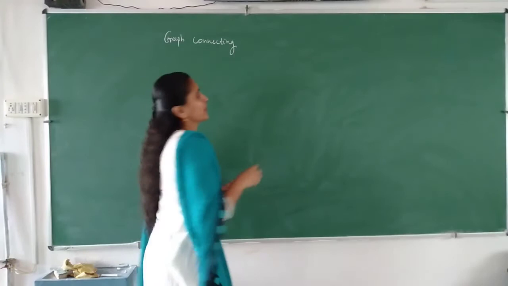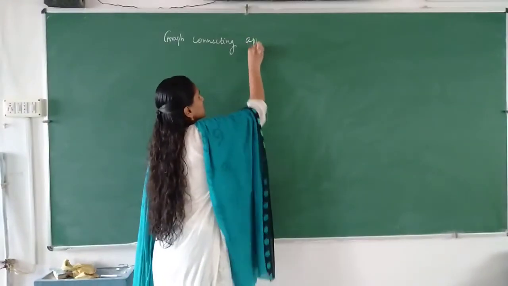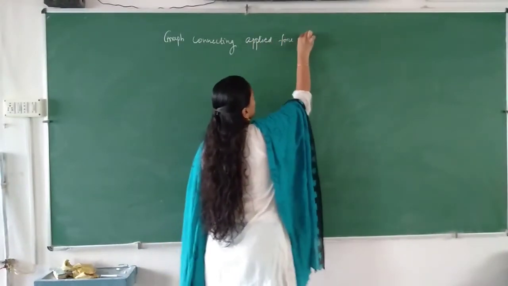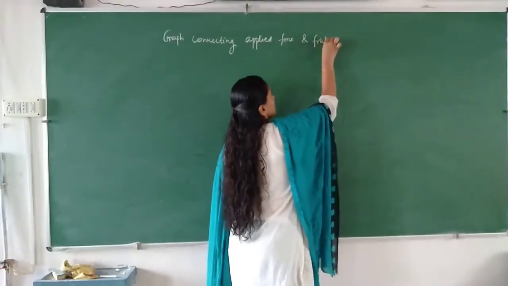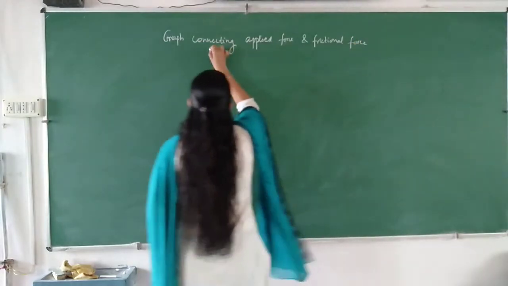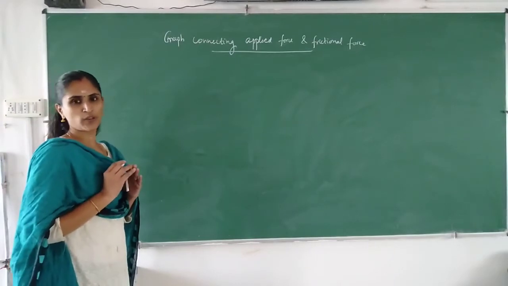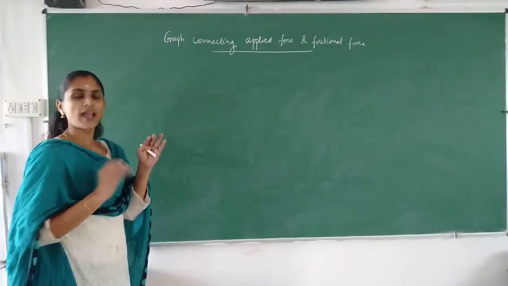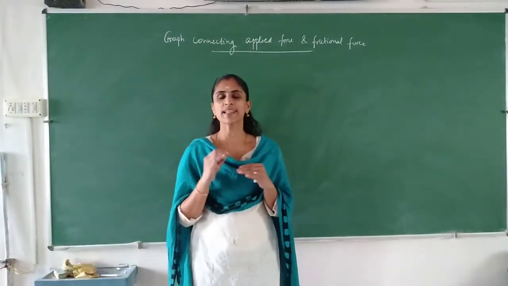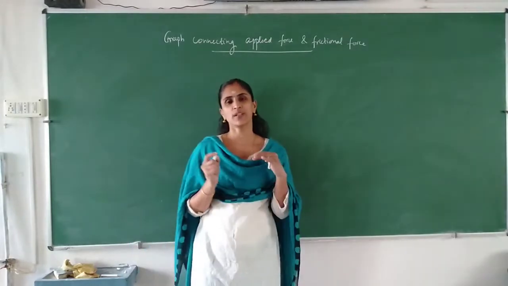Graph connecting applied force and friction. So we are applying force on an object, and we are varying it from 0 to some value. Okay, so as the applied force increases, the static friction also gradually increases.